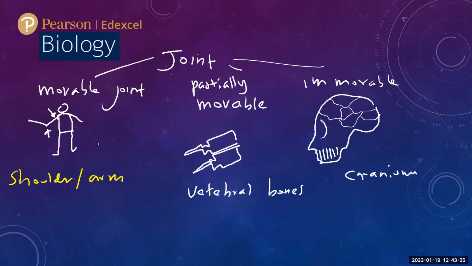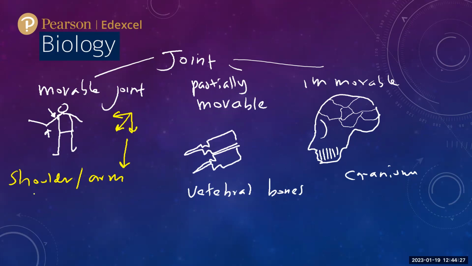So we can rotate, and move in 3 directions, like we can move this direction, this direction, and also this direction. So shoulder and arm, we have a lot of movements.